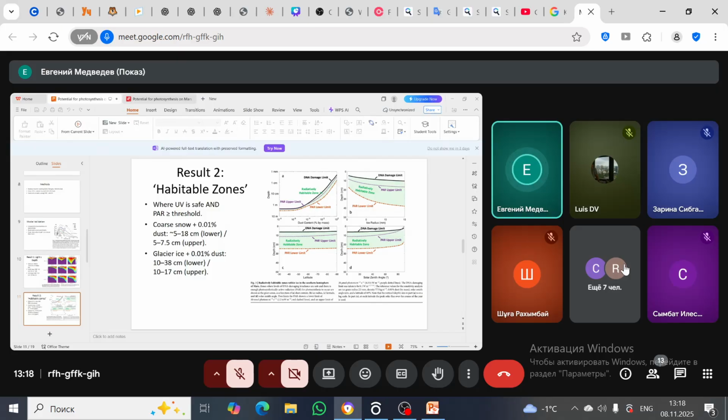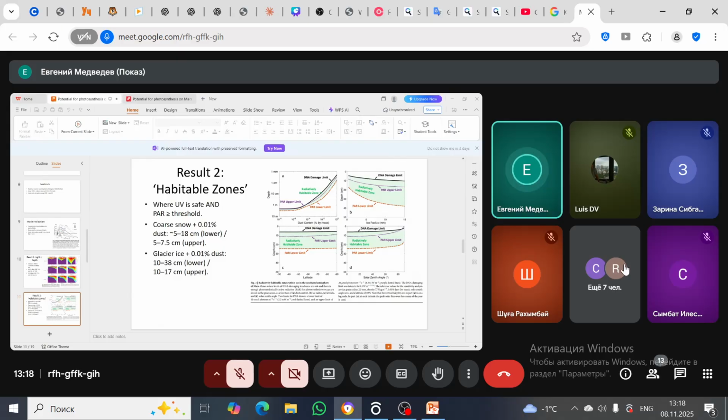But we have some limits and uncertainties, and we must be careful with claims because ice grain size is unknown. In the research, we use Iceland ice, not Mars ice, and it changes scattering strongly, and dust content evolves as ice sublimates.